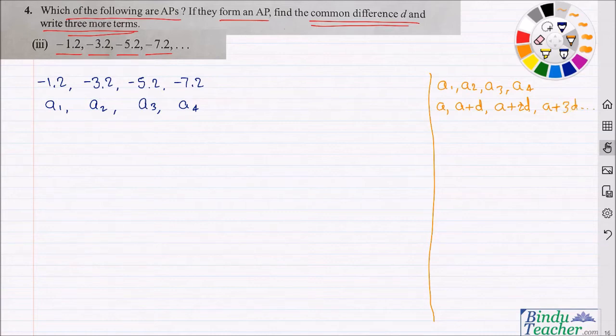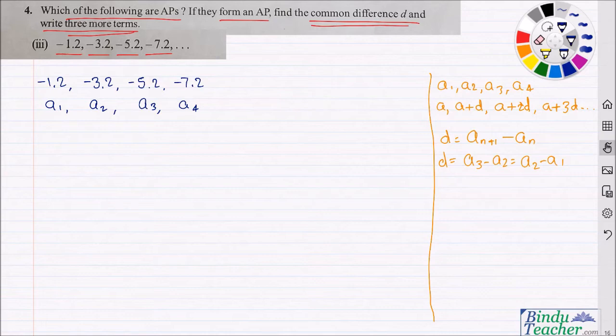So here the common difference D can be calculated as A of n plus 1 minus A of n. For example, D equals A3 minus A2, which also equals A2 minus A1. So let's apply this formula to the numbers that we have.